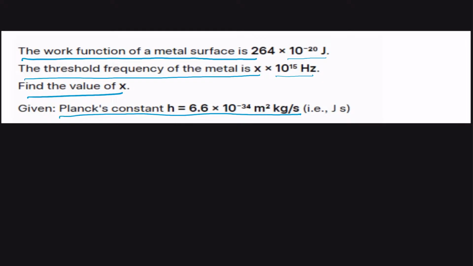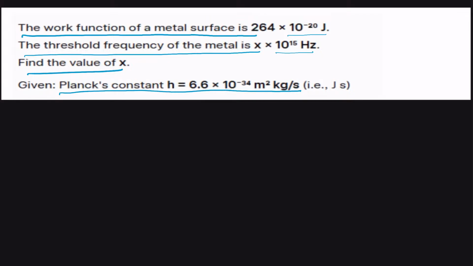We can say that for the threshold frequency, we can just use our direct formula, that is nu naught will be equal to the work function divided by the Planck's constant. So this is 264 into 10 to the power minus 20 over 6.6 into 10 to the power minus 34.